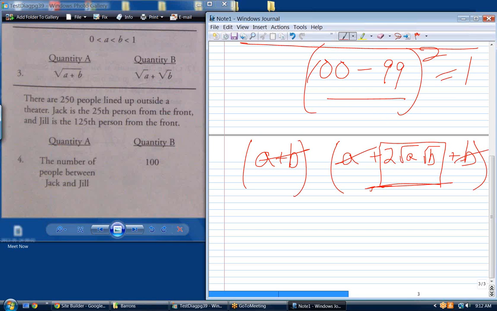Okay, number 4. There are a bunch of people in line. How many people, or how many numbers, are between these two numbers?